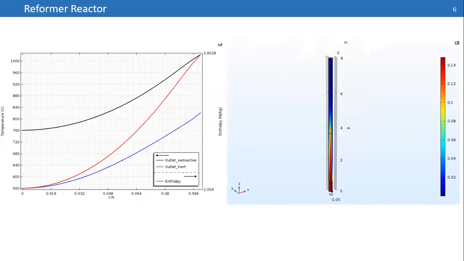One example that we performed already, I just wanted to give you an explanation about what type of reactors can be simulated inside fixed bed reactors. It's a reformer reactor, a reformer tube.